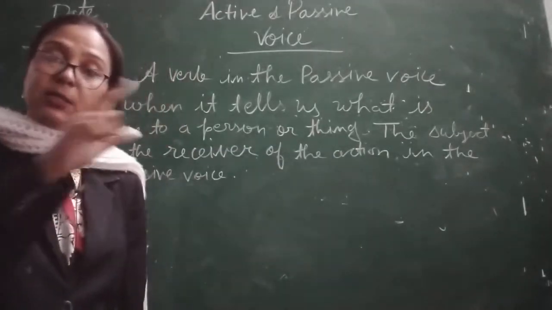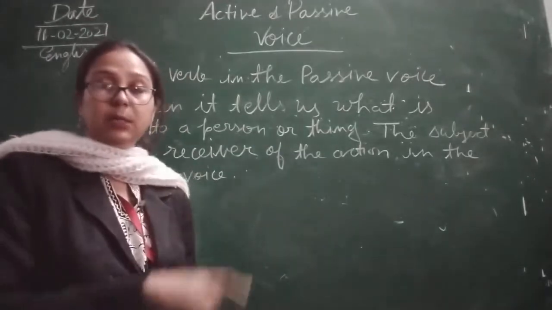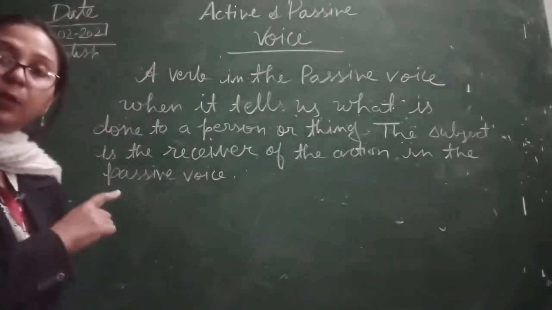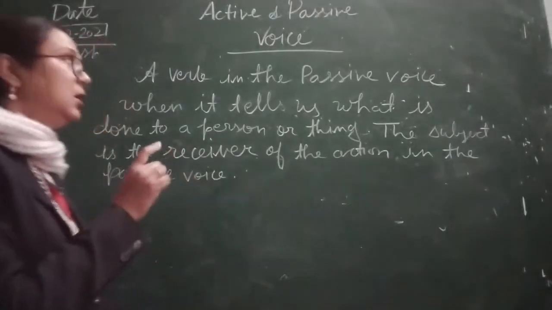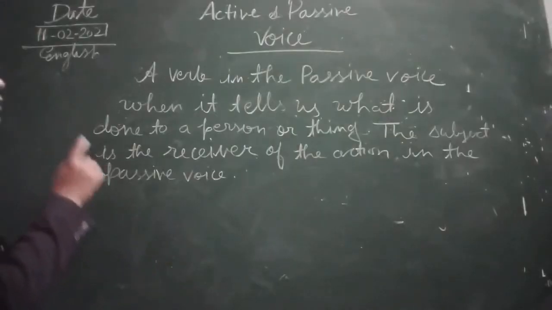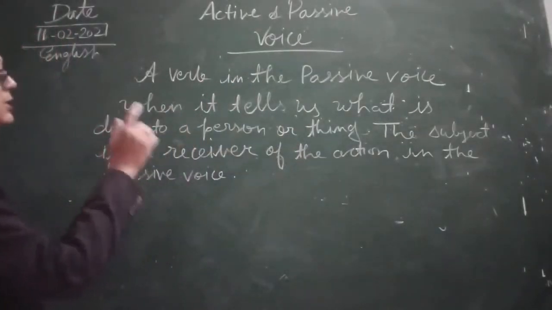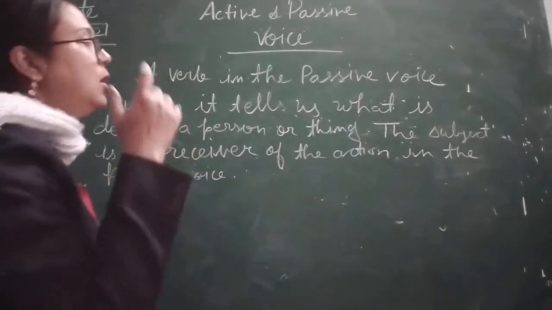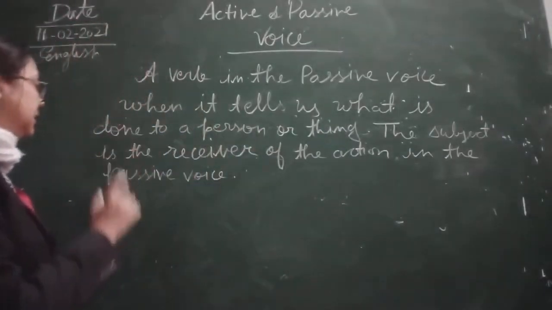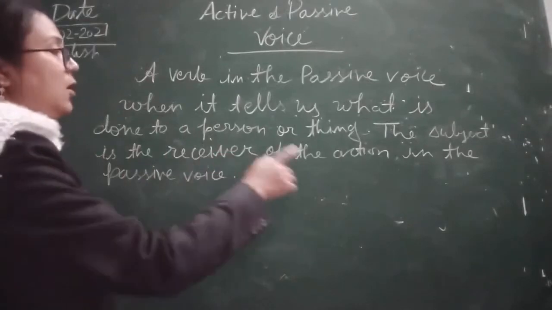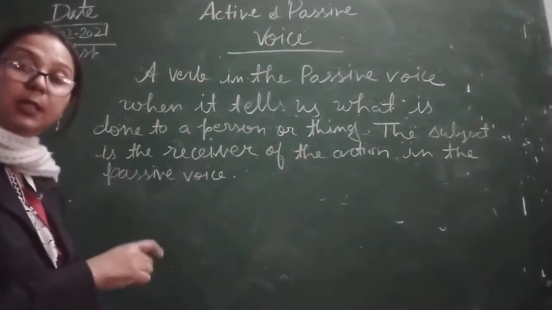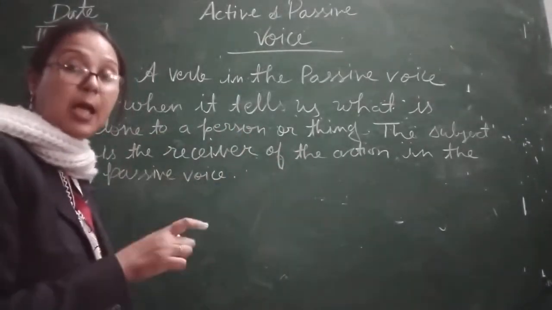So we are following that zigzag form. This definition is giving you the correct information about what is passive voice. A verb is in the passive voice when it tells us what is done to a person or thing, the subject is the receiver of the action. Okay, the subject becomes the receiver of an action.